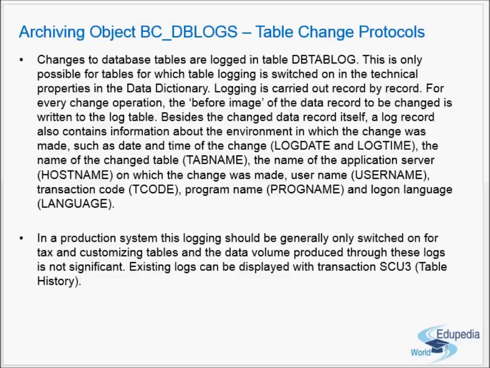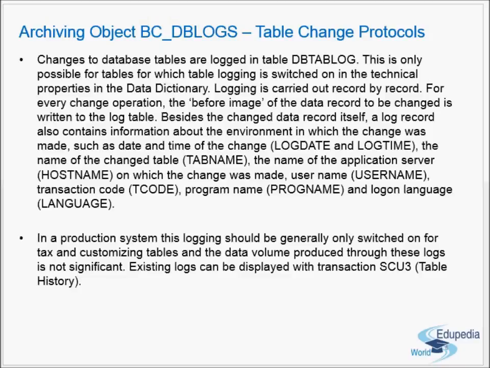Now when we talk about the production system, it is not advised to switch on table logging for all the tables, only for critical tables like the tax tables and the customizing tables. When table logging is switched on, we should also ensure that the amount of changes recorded in this DBTABLOG table is kept optimal.